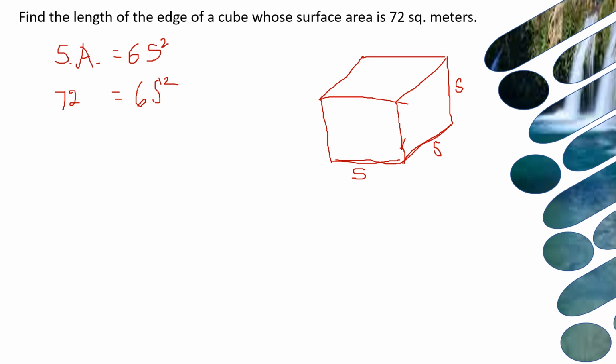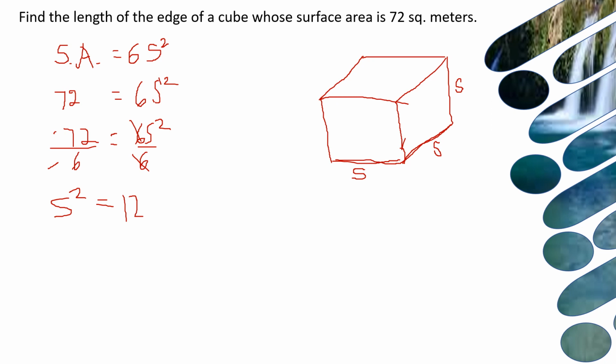So we leave S squared alone by dividing both sides by its coefficient, which is 6. Cancel this out, and we have 72 divided by 6, which is 12. So S squared is equal to 12.